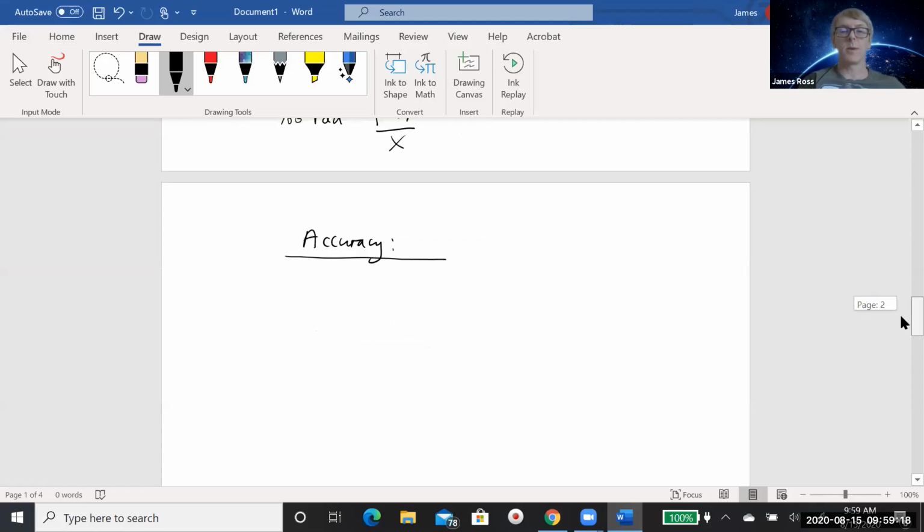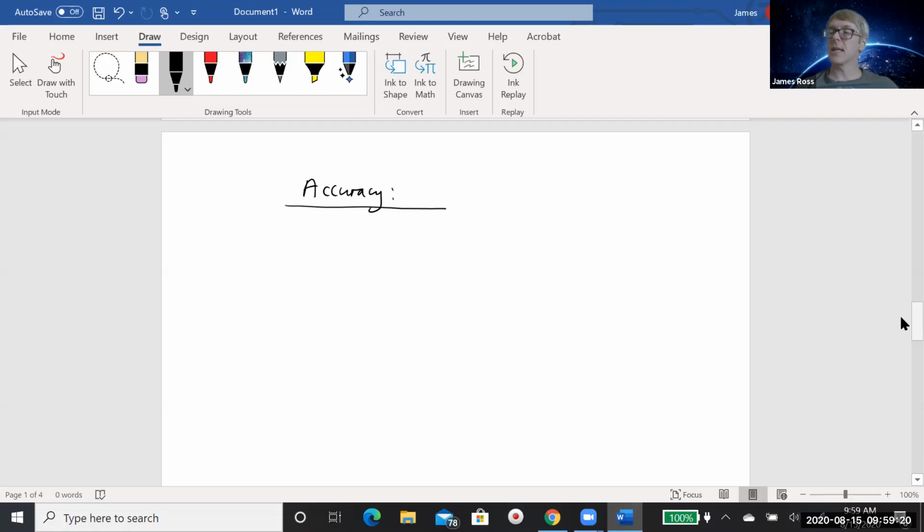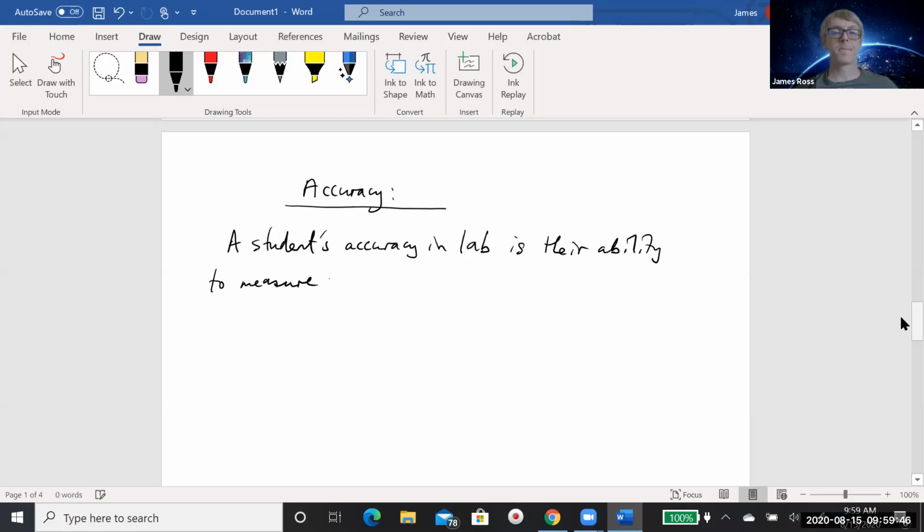So what do we mean by accuracy? A student's accuracy in a lab environment is their ability to measure a known value. So as you can appreciate, this is important.